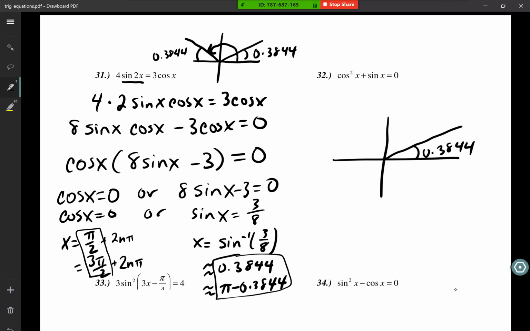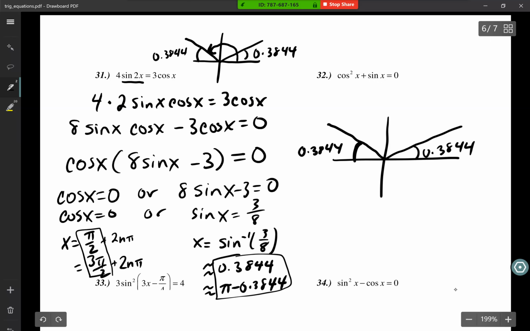But I need to go hunting for the other one. I know that typically there are 2 angles that give me the same sine value between 0 and 2 pi. I know that sine is also positive over here in quadrant 2. And I know it's going to have the same reference angle. This is going to be the 0.3844 here.